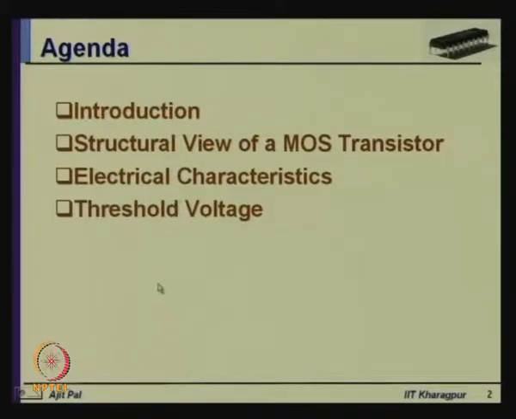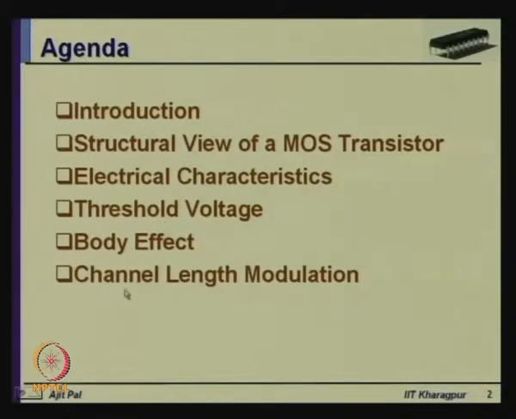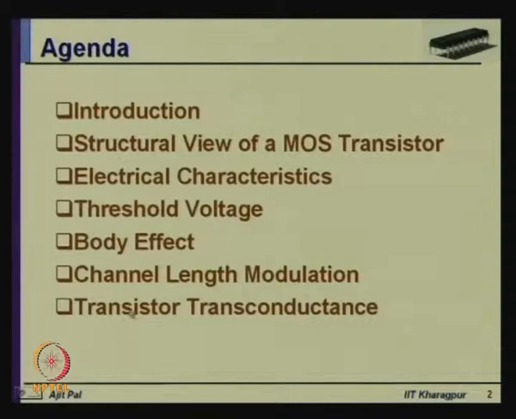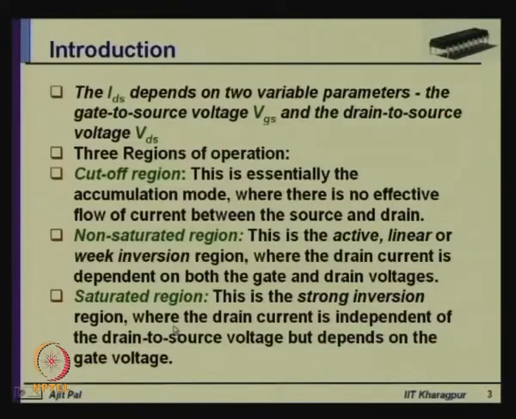Then I shall discuss some of the important parameters like threshold voltage, and a related topic, body effect, and we shall see how the substrate voltage can be changed to change the threshold voltage with the help of body effect. Then another important phenomenon is known as channel length modulation. I shall discuss that, and finally, I shall discuss transistor transconductance.